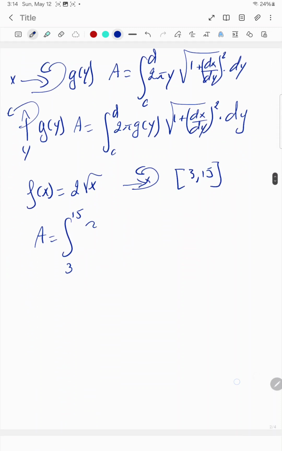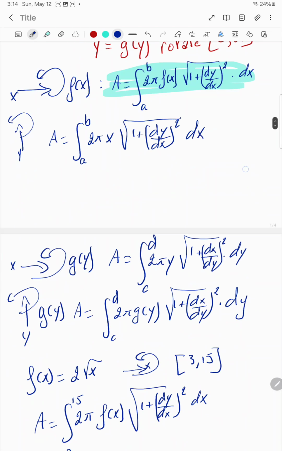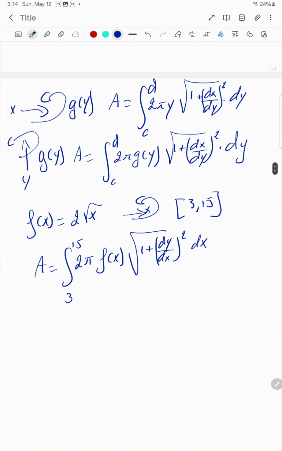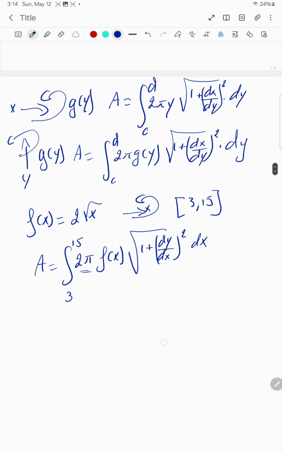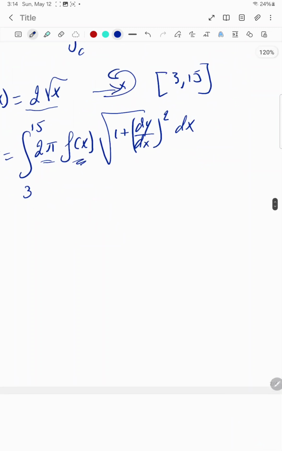Now the 2 pi is a constant, so I can take it out of my integral, and I will replace f of x by its value, which is 2 square root of x.